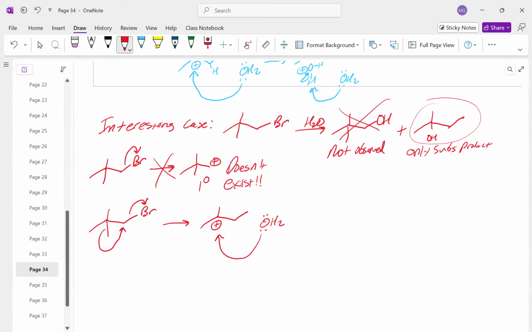And then I have the water attack. And then I do a deprotonation. So now I'm back on the template for that SN1. And that's how I get that substitution product. And it also describes why that's the only one that is formed.